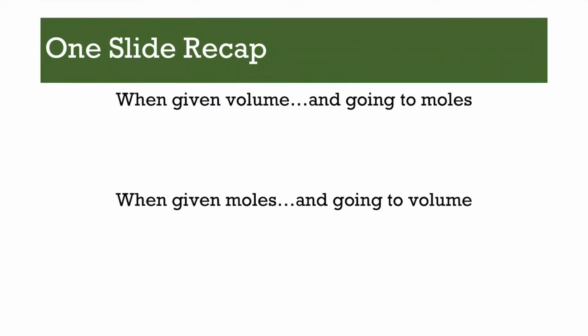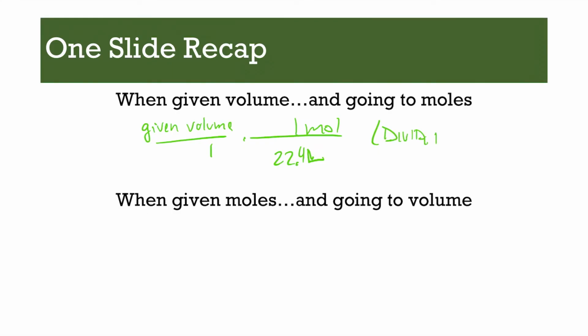So again, here is your 1 slide recap. So for given a volume, remember you're going to put your volume on the bottom, which is going to be your 22.4 liters and 1 mole. So basically you're dividing by 22.4. That's kind of your shortcut. Going from volume to moles, divide by 22.4.